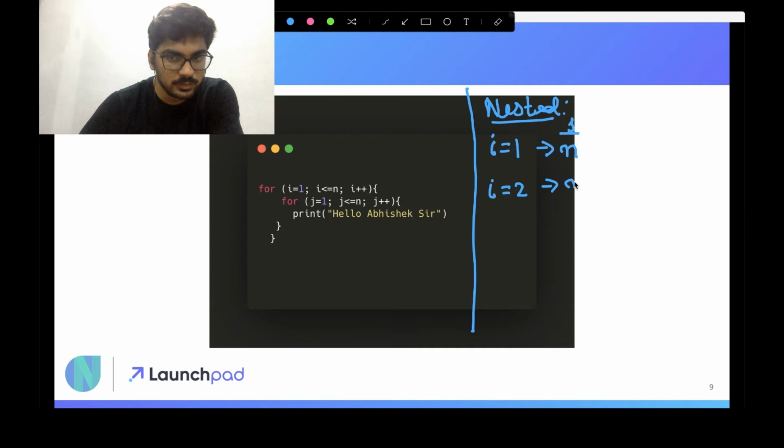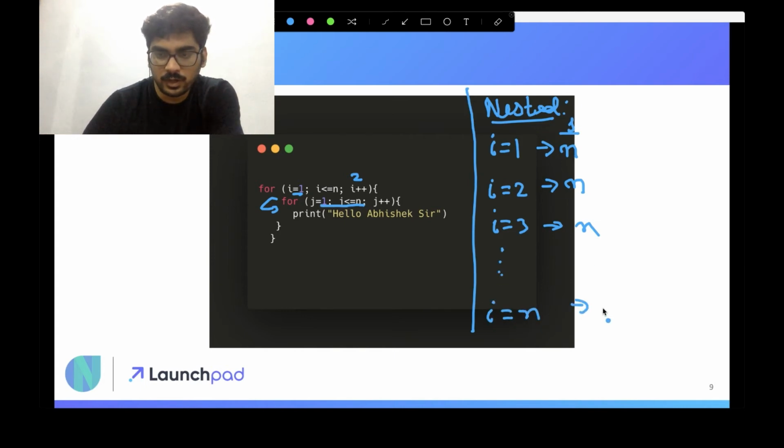This is independent of i, this loop will keep on running n times every time. When i is 3, this loop will run for n times. Similarly, when the value of i is n, this loop will again run for n times.